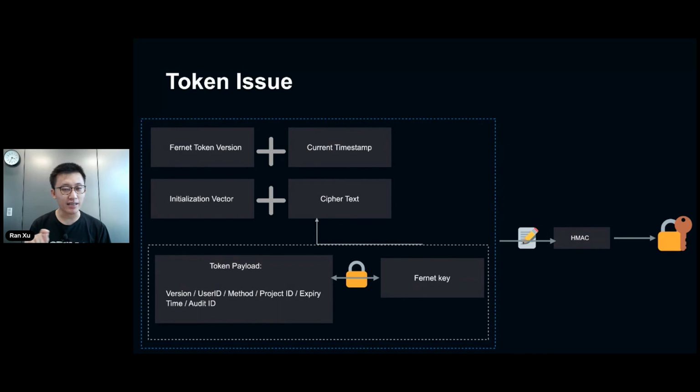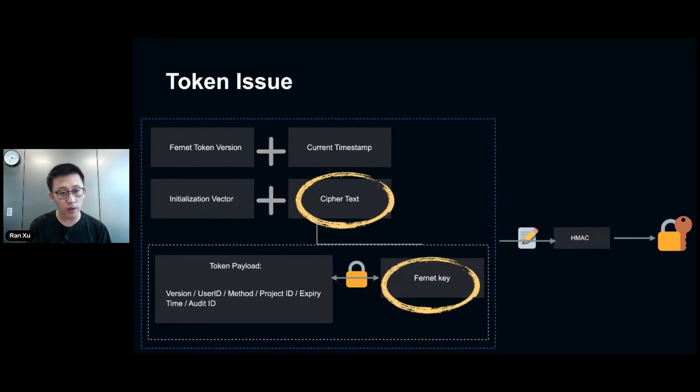The HMAC key is another kind of private key, and you can understand it the same way as the Fernet key. And then we get one Fernet token. That is how a token is generated on the Keystone side.